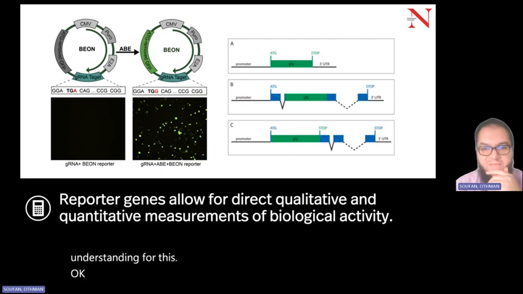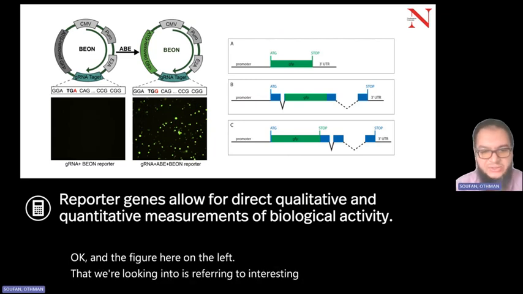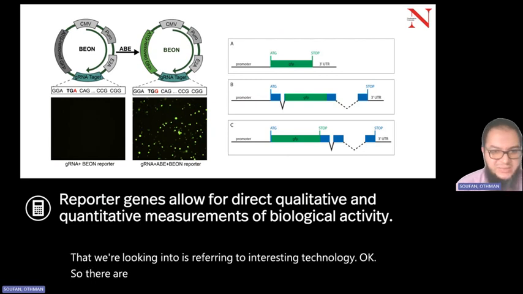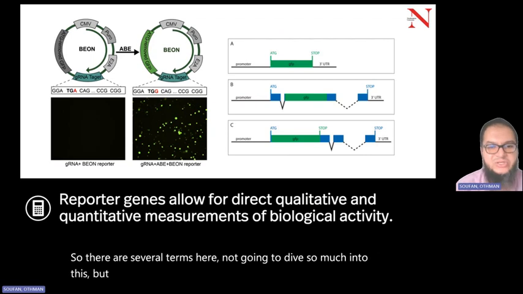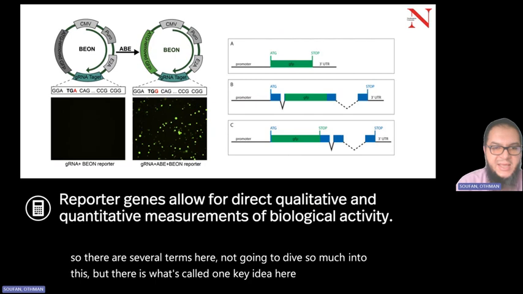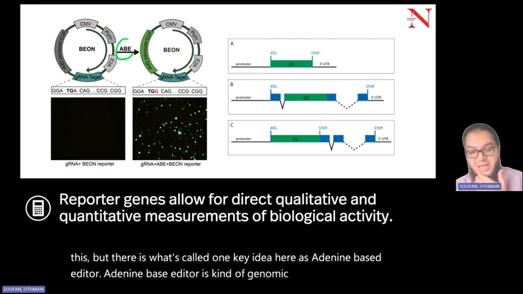Okay, and the figure here on the left is referring to an interesting technology. There are several terms here, and I'm not going to dive so much into this, but one key idea is the adenine base editor, which is a kind of genomic editing technology.